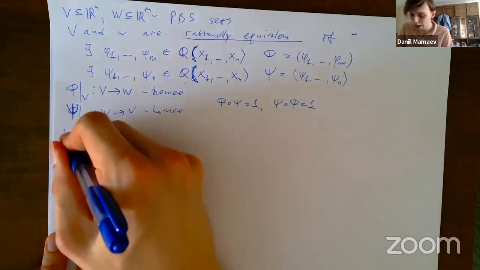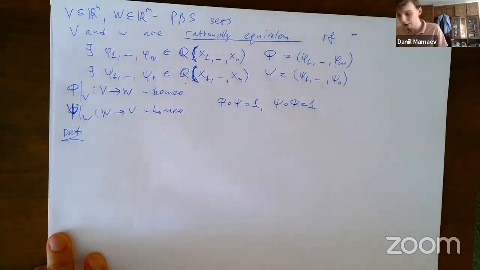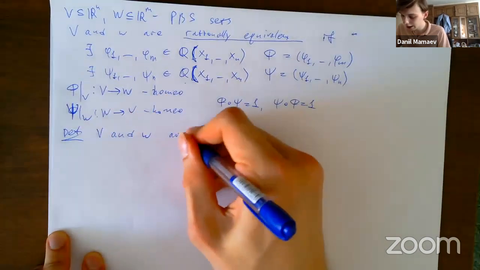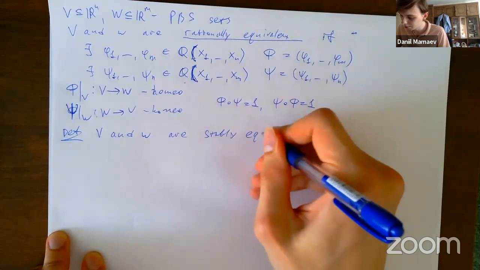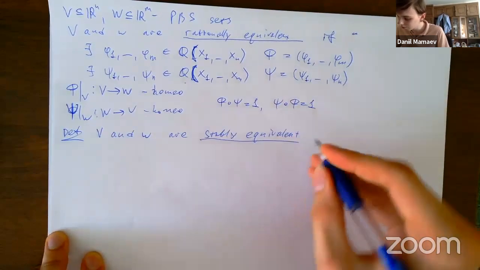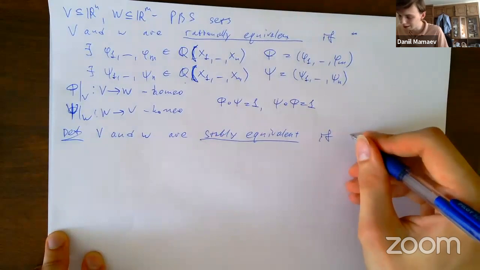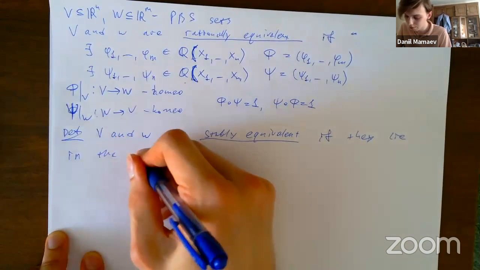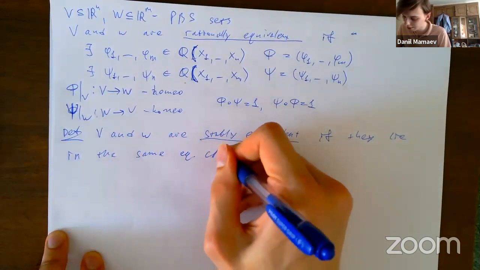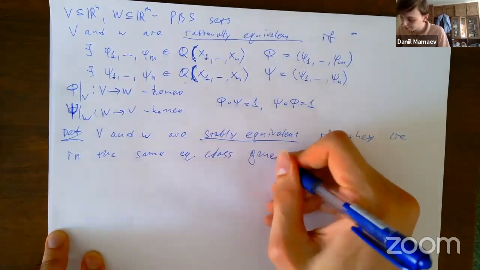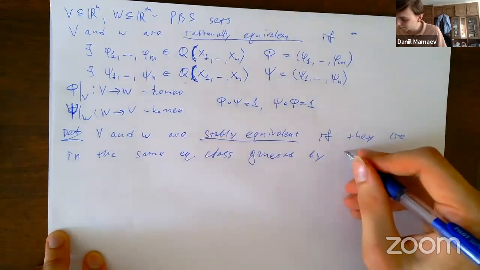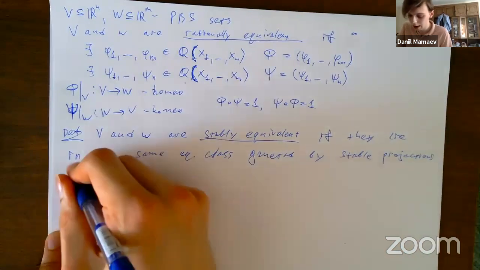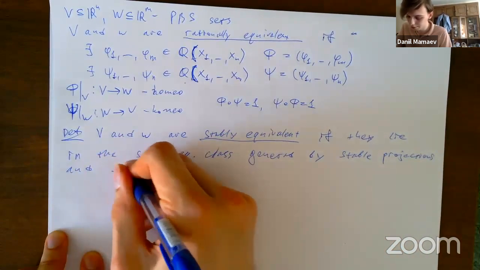Okay. Now we are ready to define stable equivalences. V and W are stably equivalent if they lie in the same equivalence class generated by stable projections and rational equivalences.